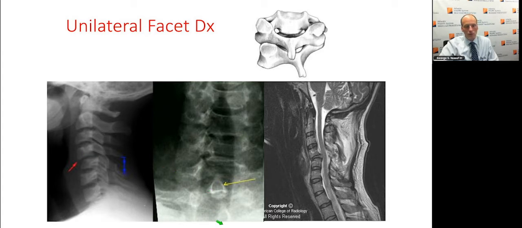On the AP view, if you follow the spinous processes up, all of a sudden the ones above disappear. It's because they've rotated to the side, just like this picture up here. And on an MRI, this is what it would look like: a 25% translation, soft tissue edema and injury, and a slight disc bulge, and it causes some compression of the spinal cord itself.